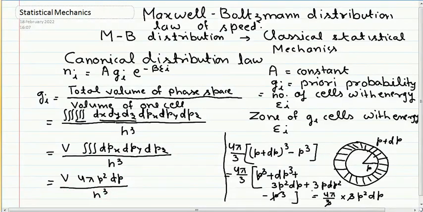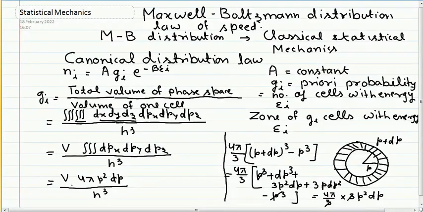We can directly write 4 pi P square dP as the surface area of the inner sphere, 4 pi P square, times the thickness dP. So we have this value of gi.